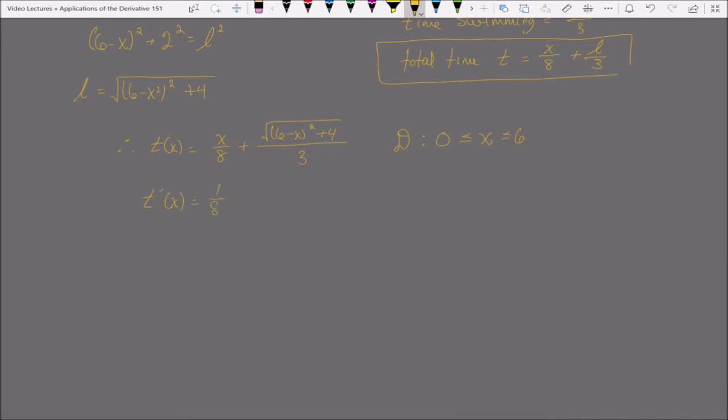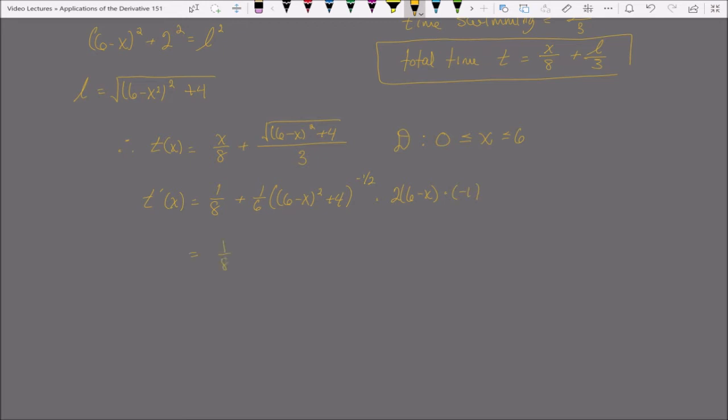T prime, we get 1/8 plus 1/3 times the quantity (6 minus x) squared plus 4, all raised to the minus 1/2 power, times 2 times (6 minus x) times minus 1, that is all chain rule.